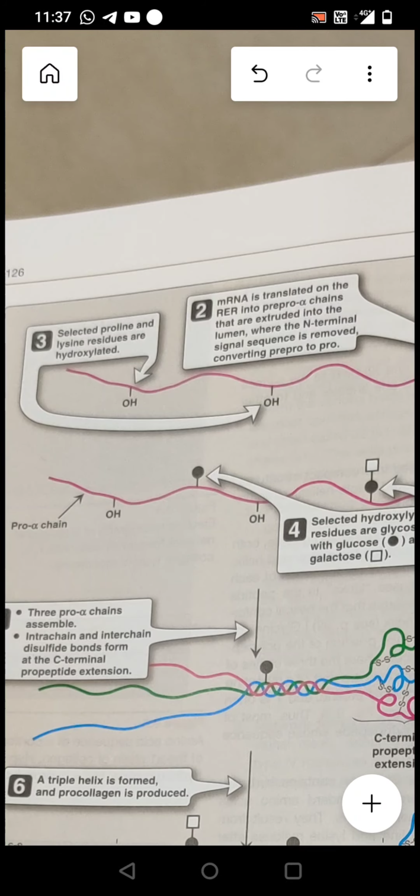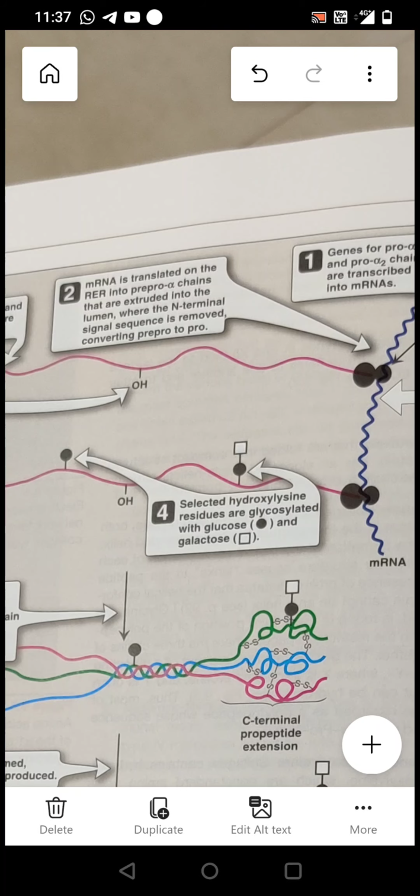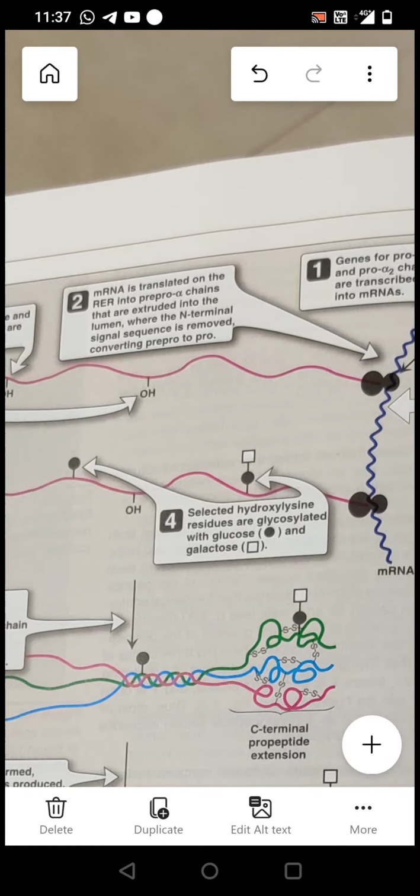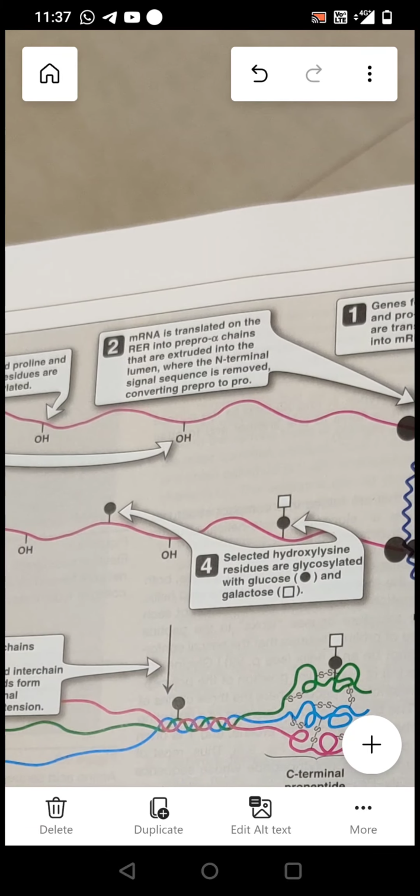After the mRNA is formed, the polypeptide chain is already lengthened, still attached to the ribosomes, but the N terminal alone is removed. So the ribosome is still attached. Translation has taken place, the polypeptide chain sequence is completely formed, and on that polypeptide chain hydroxylation takes place.